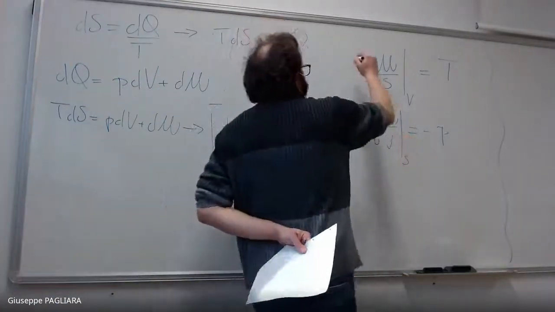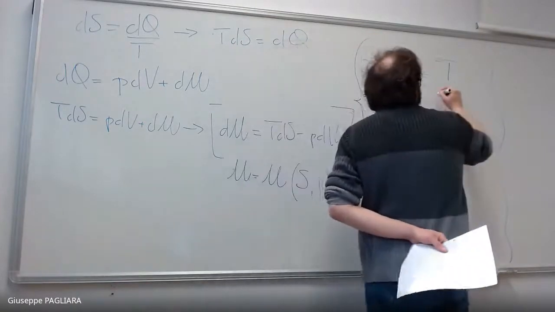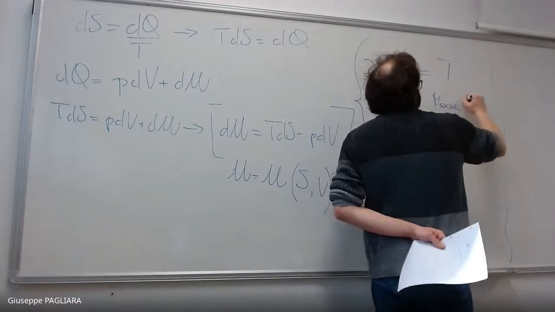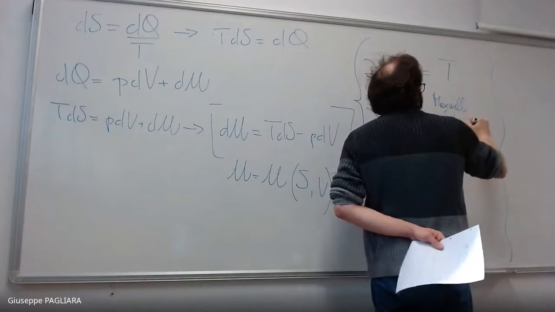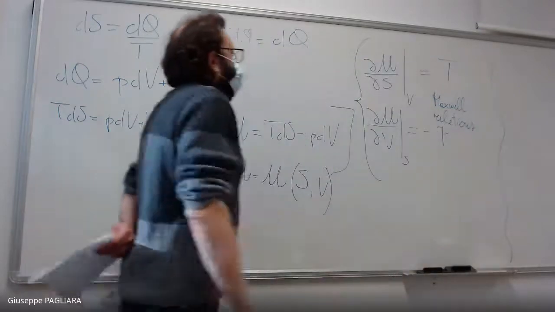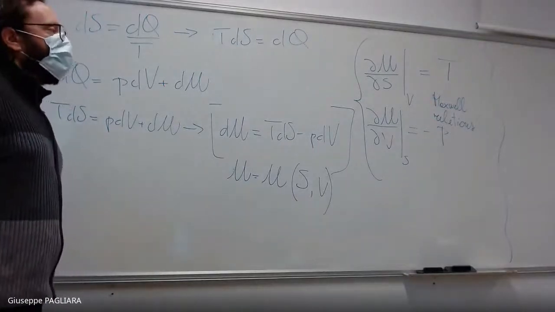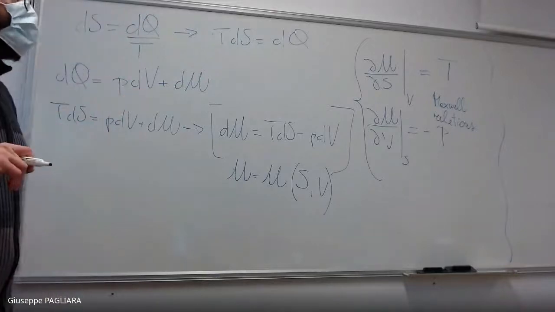Now these two relations are two examples of Maxwell relations. We will see many of them. Those two Maxwell relations are for the internal energy when the number of particles is fixed.